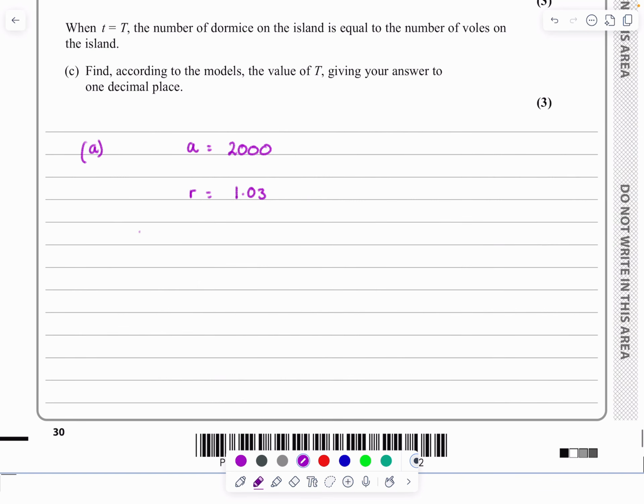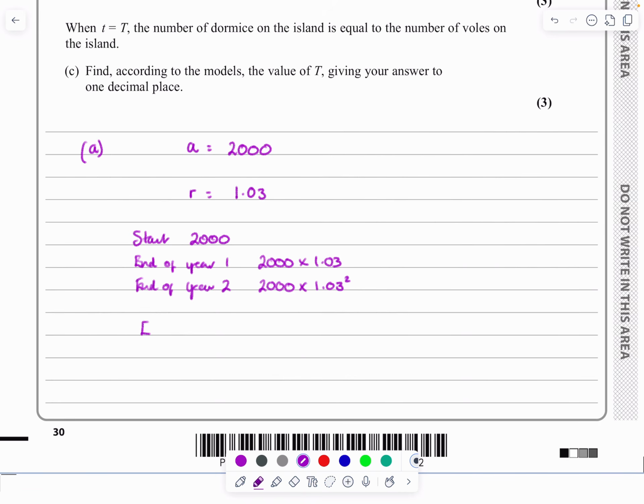So at the start, there are 2,000, and at the end of year 1, there will be 2,000 multiplied by 1.03. At the end of year 2, there would be that number multiplied by 1.03 again. So in other words, multiplied by 1.03 squared.